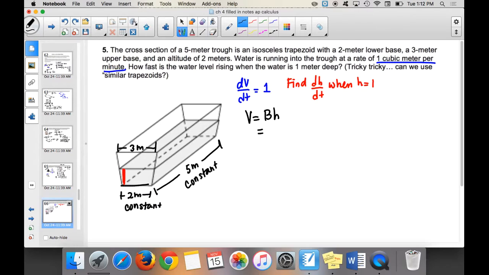Do we all remember that from geometry? Trapezoids? You better, because we're going to use lots of trapezoids in calculus. And then I don't want to use h again because h is going to be something different. So I'm going to use an L, not for slant height or anything like that in geometry, but for the length of this. So that's going to be my length.